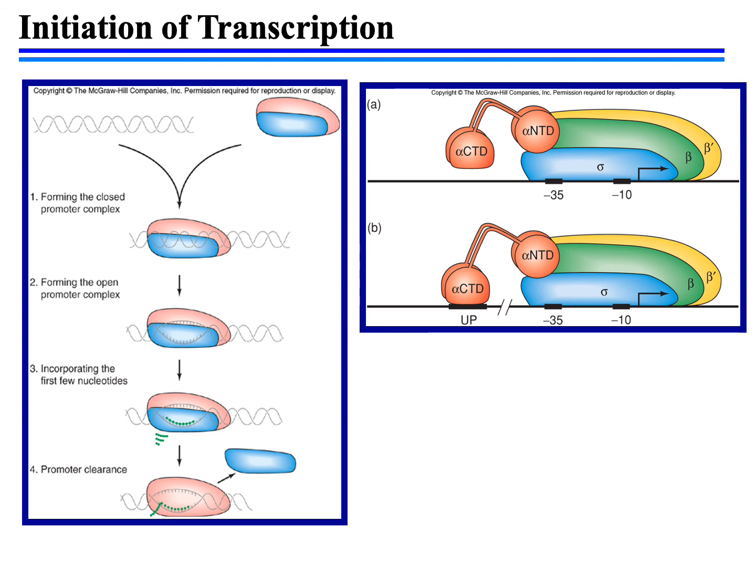Well, one way to do that is to have parts of the polymerase, and in this case, we're going to look at the right-hand figure right now. In the red or orangish color are the alpha subunits that I mentioned when we discussed the structure of the polymerase previously.